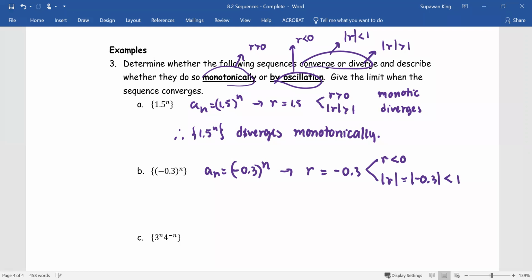If r is less than 0, the sign will change back and forth between positive and negative, so the behavior will be oscillating. For the absolute value of r less than 1, the sequence converges. We can say this sequence, negative 0.3 to the power n, converges by oscillation.